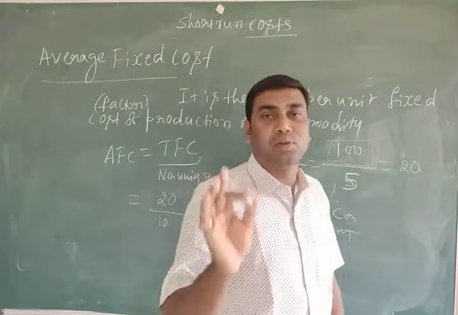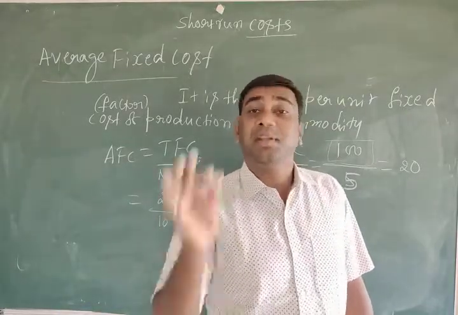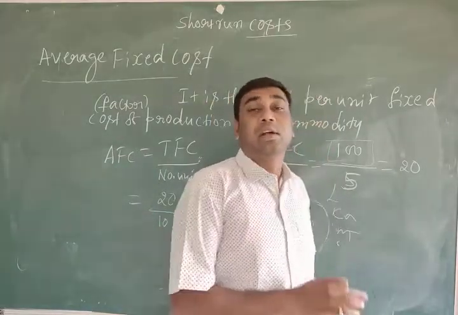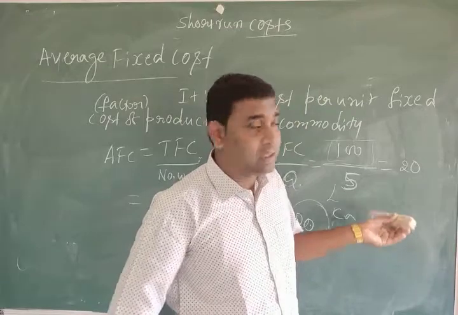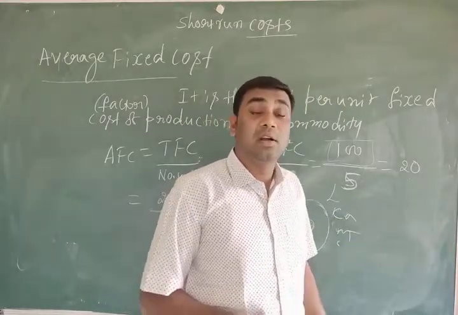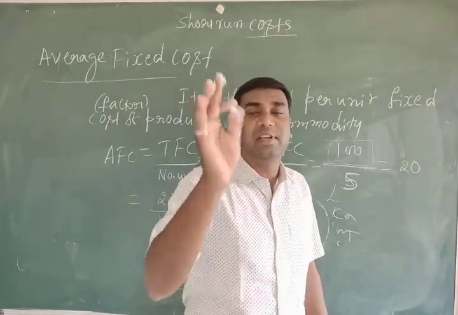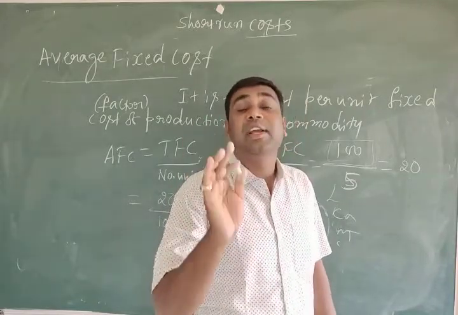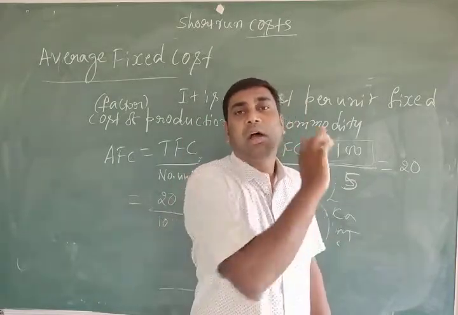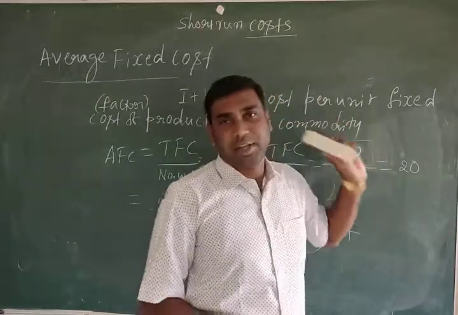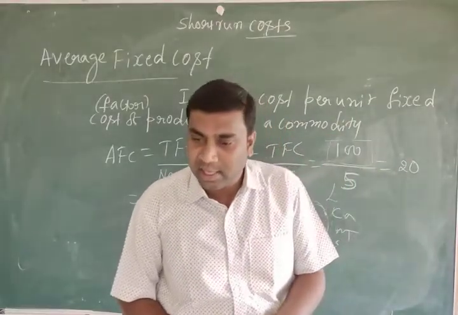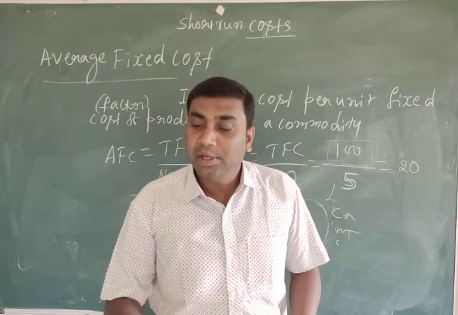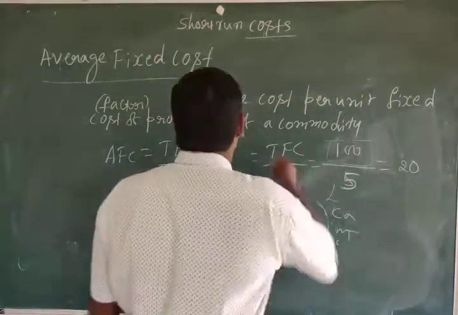Fixed factors are those which are not changing; they remain constant. Here the expenses incurred per unit of fixed factor are called average fixed cost. In other words, average fixed cost is the per unit cost of fixed factor. Simple.